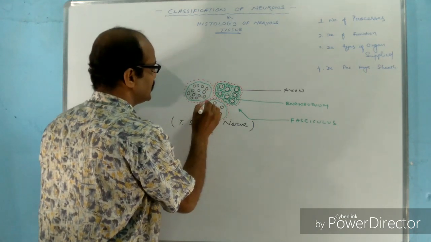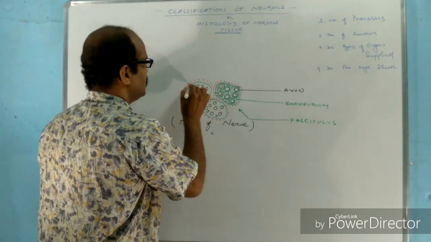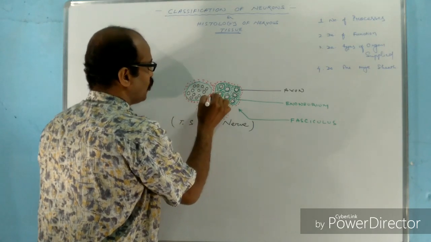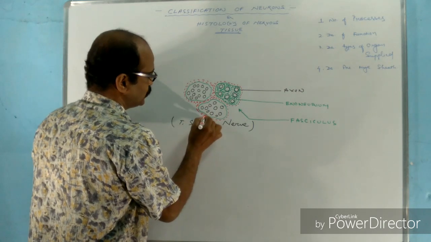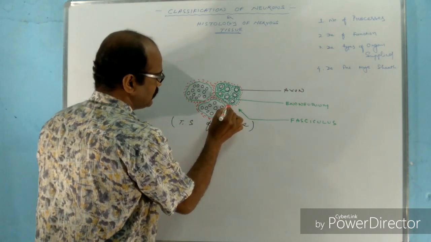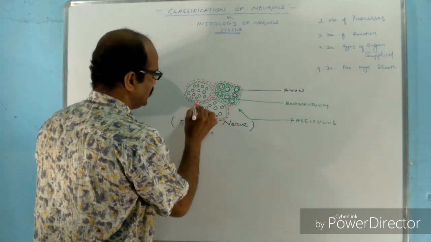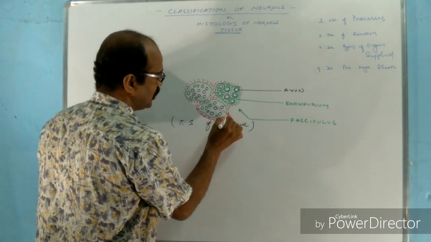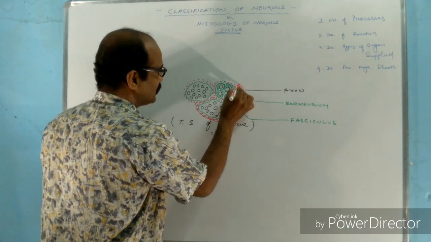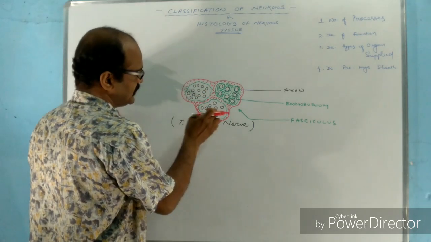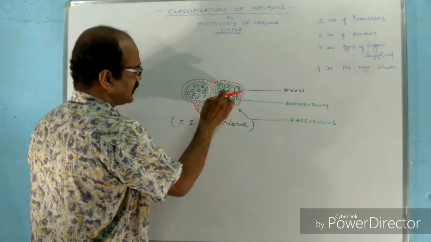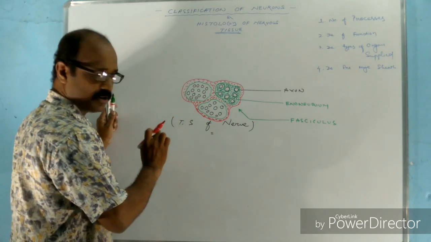Here it is represented as red colour dots. So these connective tissue layers form another bundle and contain so many fasciculi. This is a single fasciculus, this is a single fasciculus, this is a single fasciculus.